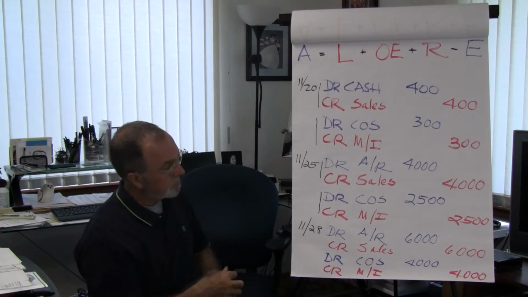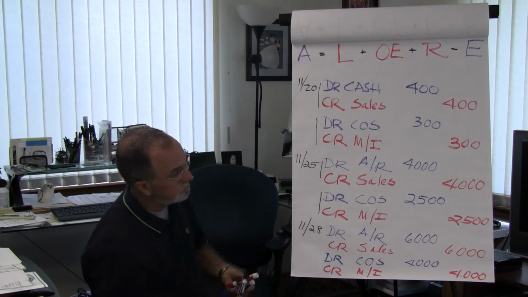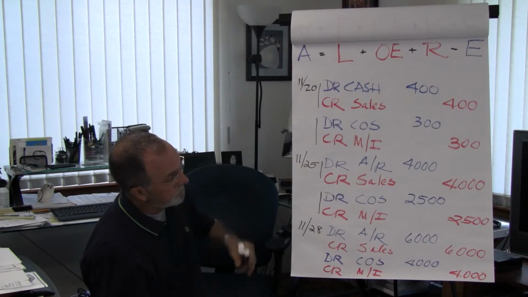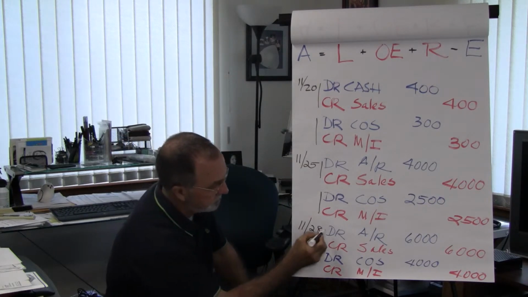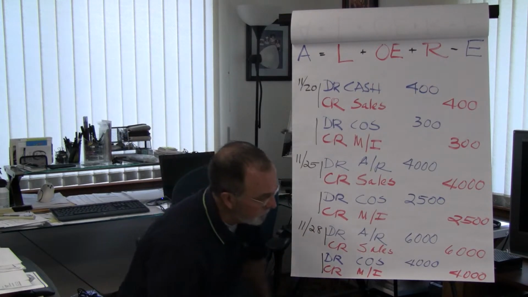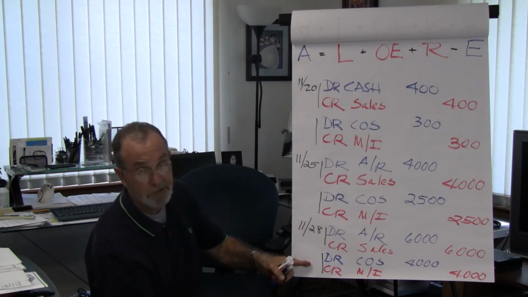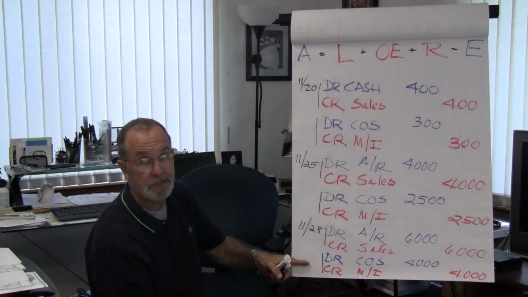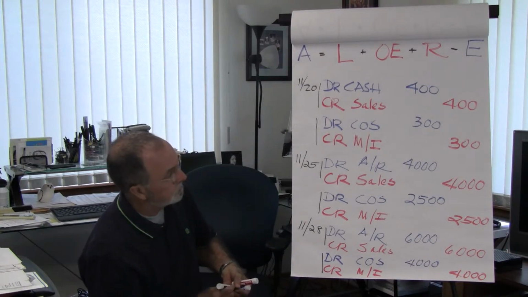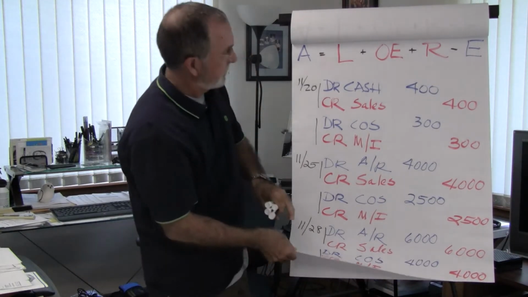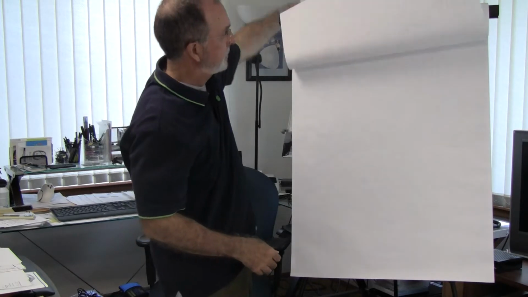So again, this transaction is almost identical to the previous transaction except for the amounts. Two-part transaction: record the sale first and follow that up with recording the cost of that sale.